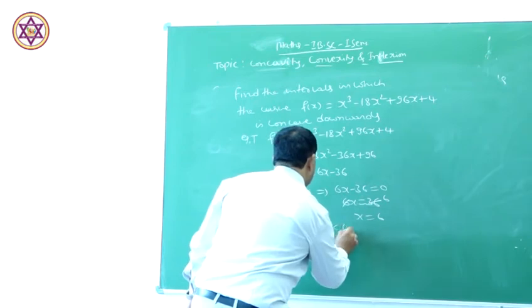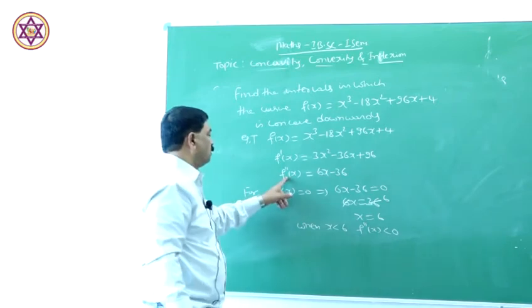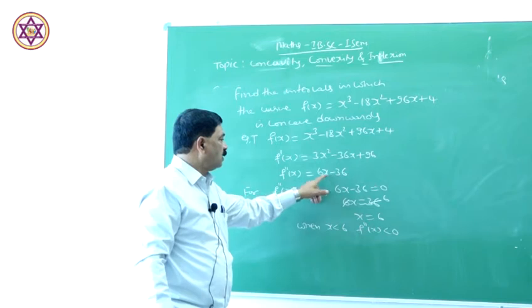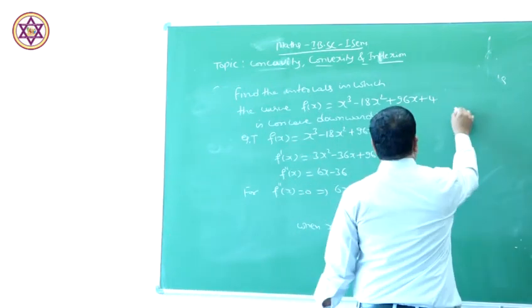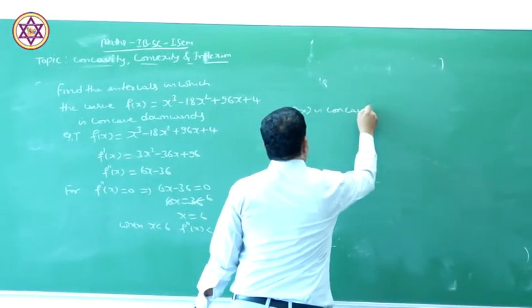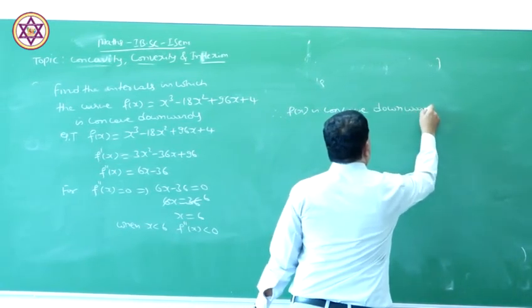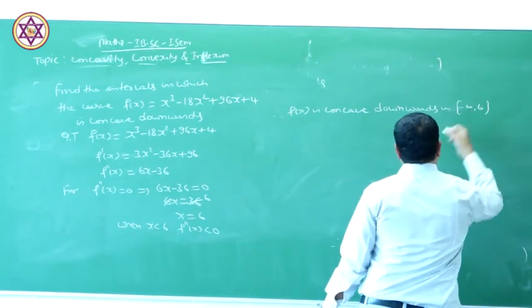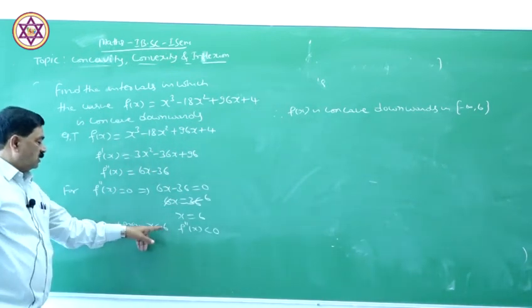When x is less than 6, f''(x) is less than 0. Because if you take 5, less than 6, we get 30 minus 36, which is minus 6, negative. Therefore, f(x) is concave downwards in the interval minus infinity to 6.